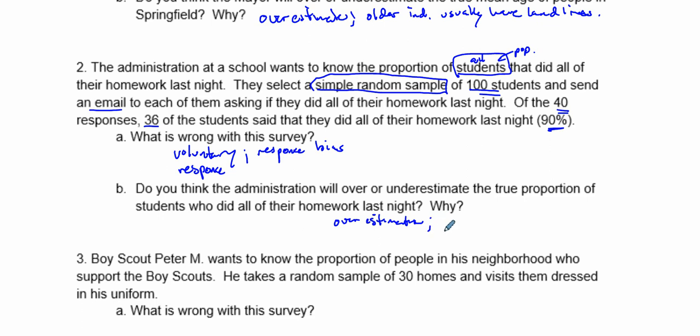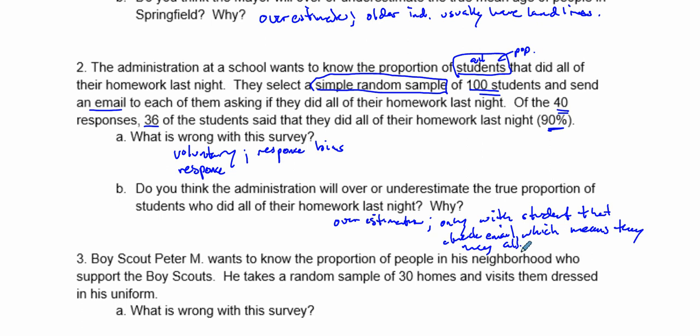I know a lot of students don't check email, so this is probably an overestimate, with only students that check email, which means they may also do their homework. I'll just write HW for homework.